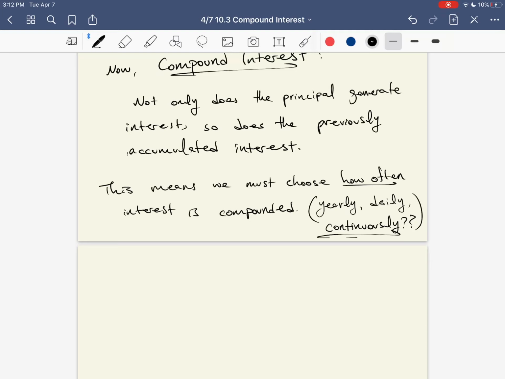But if the interest is being compounded continuously, well then how do you calculate that? So that's what we'll get to.